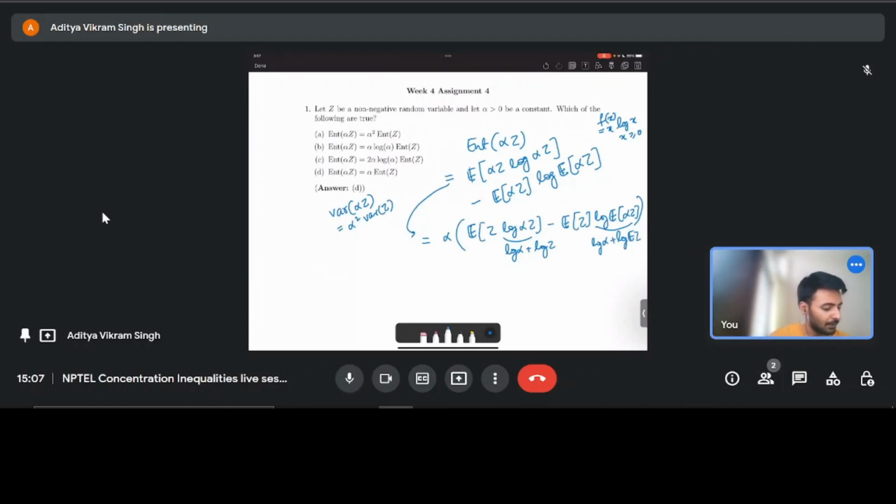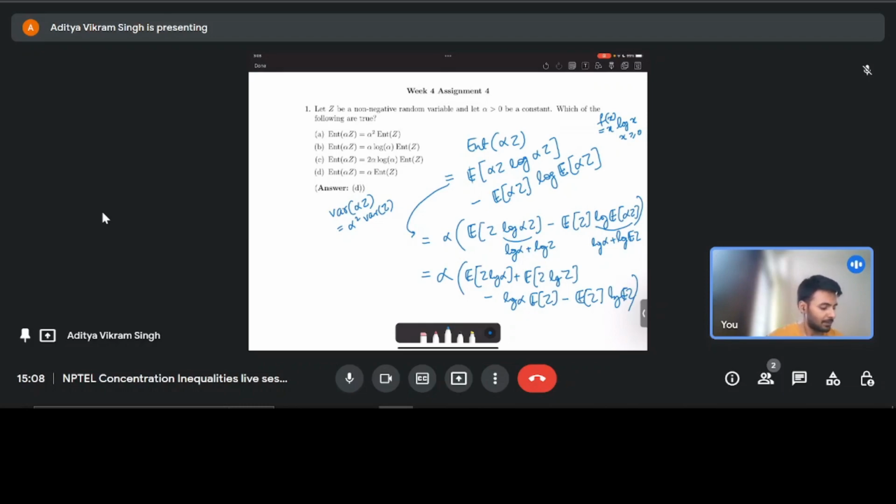So this then becomes alpha into expected value of Z log alpha plus expected value of Z log Z minus log alpha into expected value of Z minus expected value of Z into log expected value of Z.